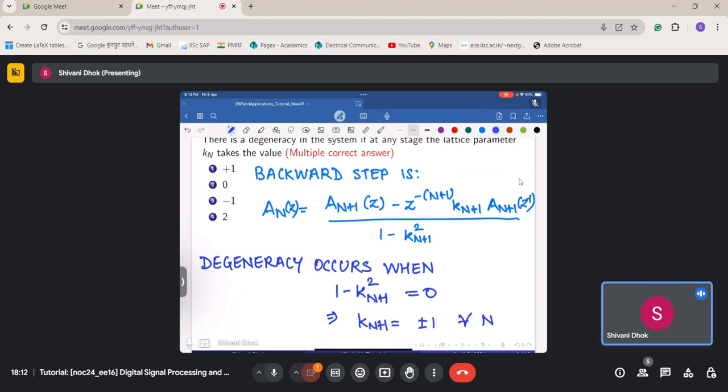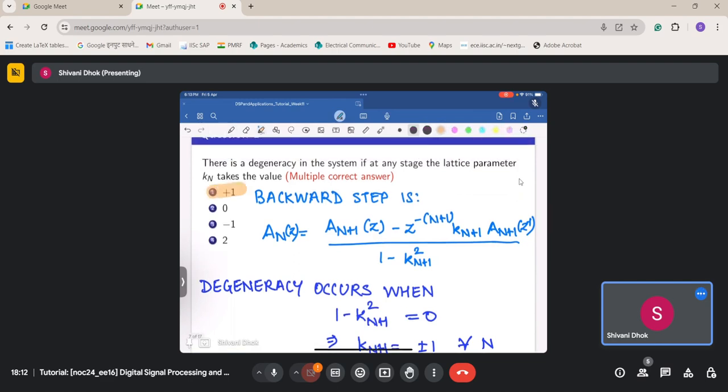So basically we can just write it in general as kn can be equal to plus minus 1. So here plus 1 or minus 1, these are the two values that we can take. So these are the two options.